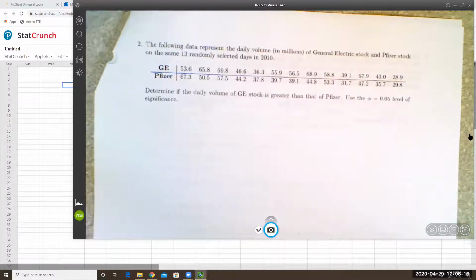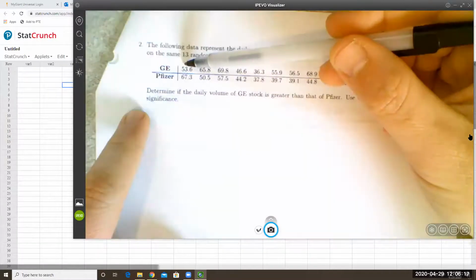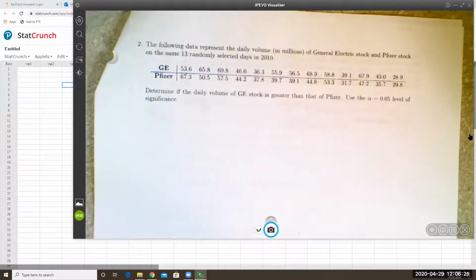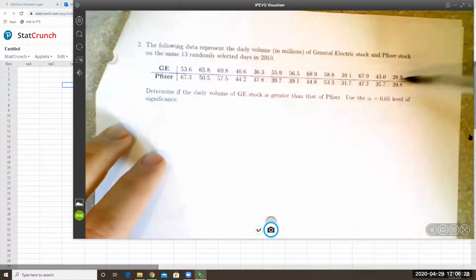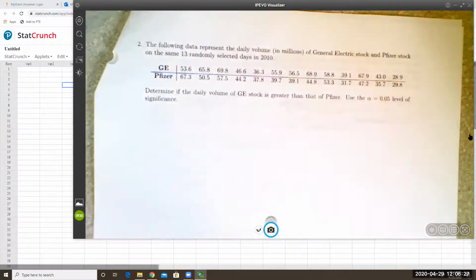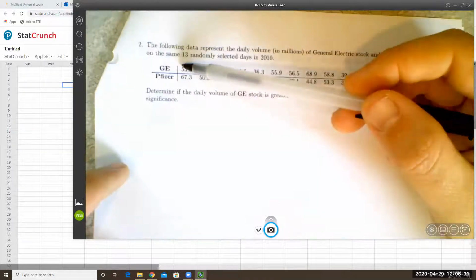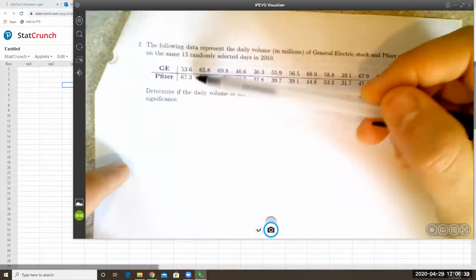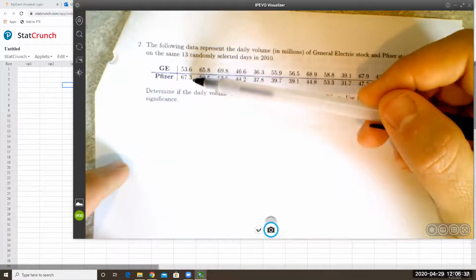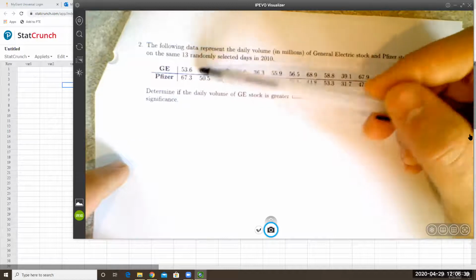We just have the measurement of their daily volume of stock, and we want to know if, generally speaking, GE has a greater volume than Pfizer. You can see examples of both cases, right? Here was a day where GE's stock performance was lower than Pfizer's, but here's a day where GE's was greater than Pfizer's.